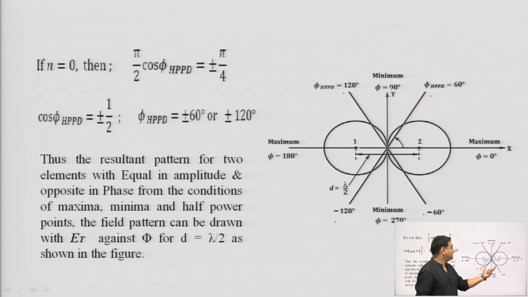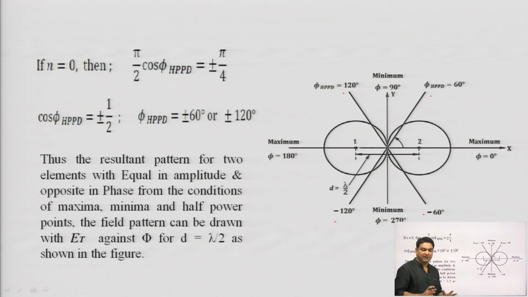When these half power points are given, it means point source number 1, point source number 2, this is the phi, and simply we have drawn this diagram as the resultant radiation pattern for an antenna array system having two isotropic point sources in this configuration.